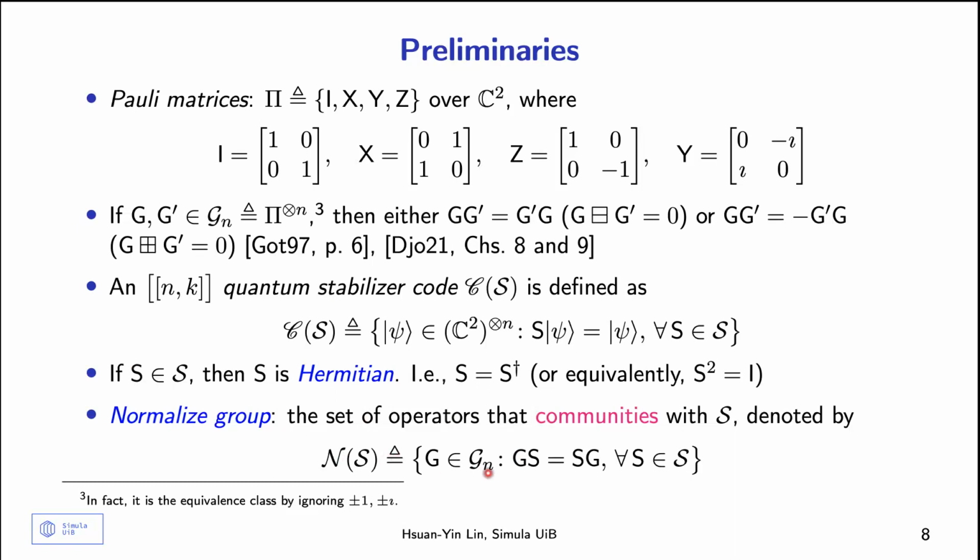Because of this property, either it commutes or anti-commutes, and the normalizer group just picks up those that commute. So I hope so far it's good. I think so far it's still all classical. We just brought up the dimension to 2D, and now it's matrices.